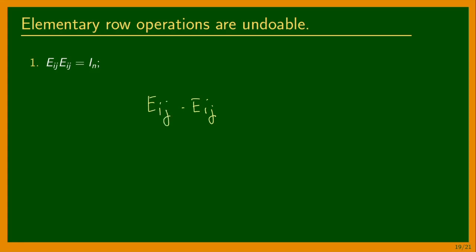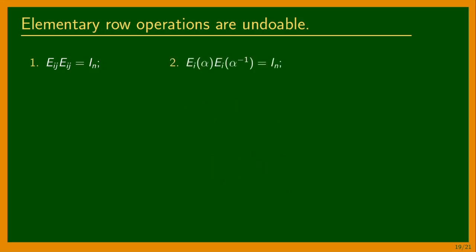For example, you swap the second row and the fourth row, and swap again the second row and the fourth row. What is the result? The result is just the identity matrix. As a result, this means that the matrix Eij is non-singular, and its inverse is itself. Okay?